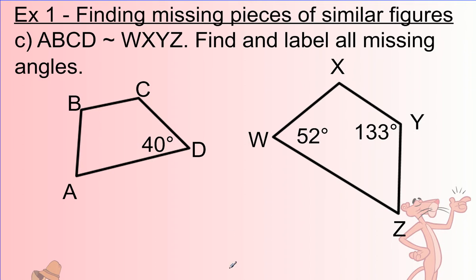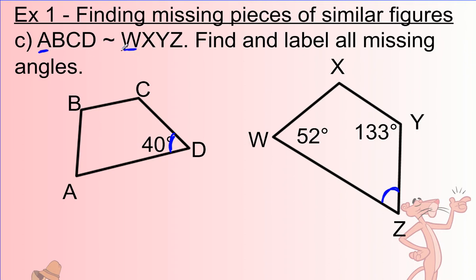Alright, so let's see. Well, it looks like this Z and this D are corresponding angles. They look to be in the same position, the same type of angle. Did you know you can actually use this name to help you? This naming mechanism actually has to be done a specific way, where the first letter corresponds to the first letter.